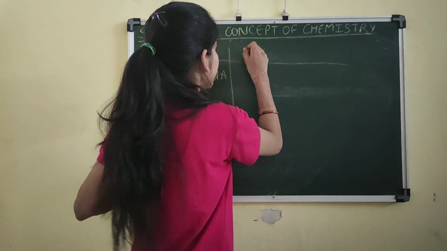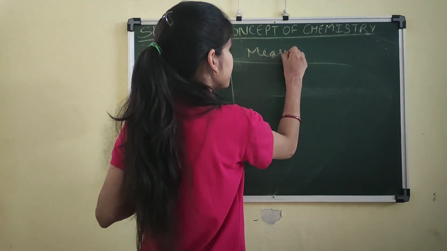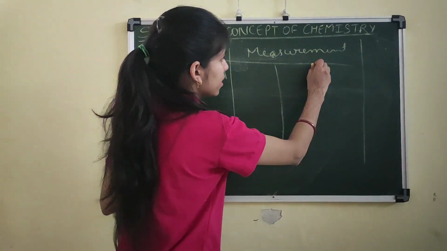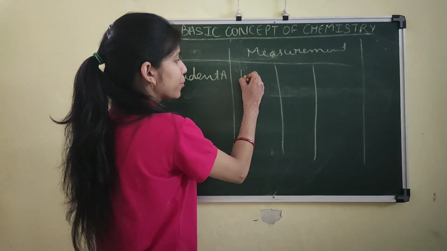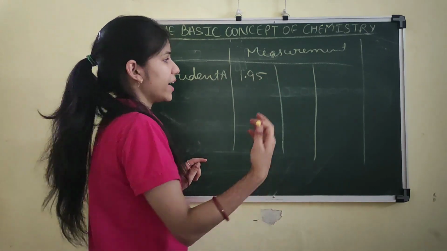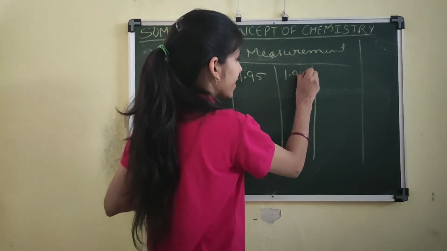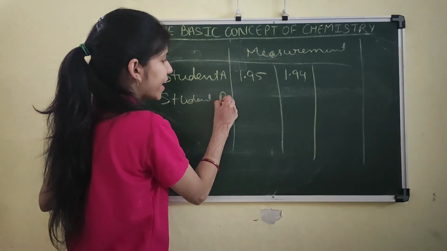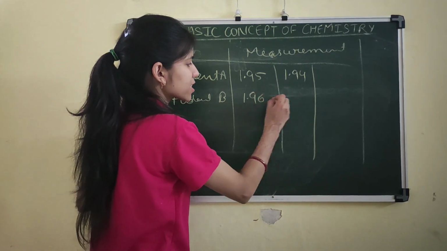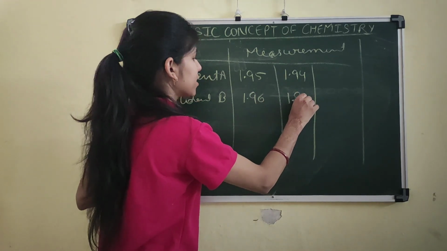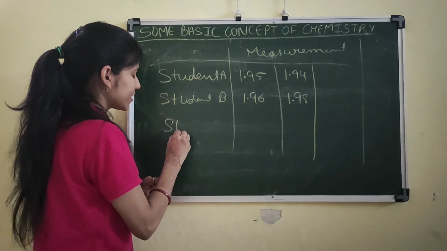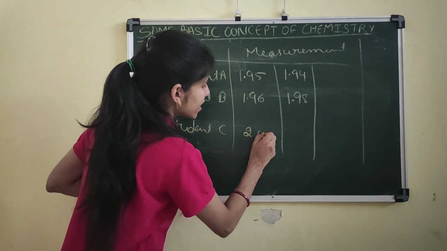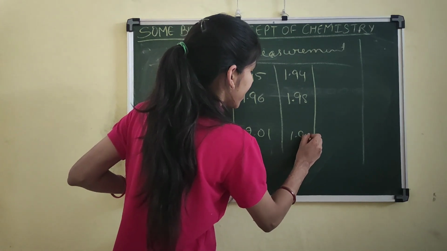There are some measurements. Student A measured the values 1.95 and 1.94, student B found the values 1.96 and 1.98, and student C found 2.01 and 1.99.